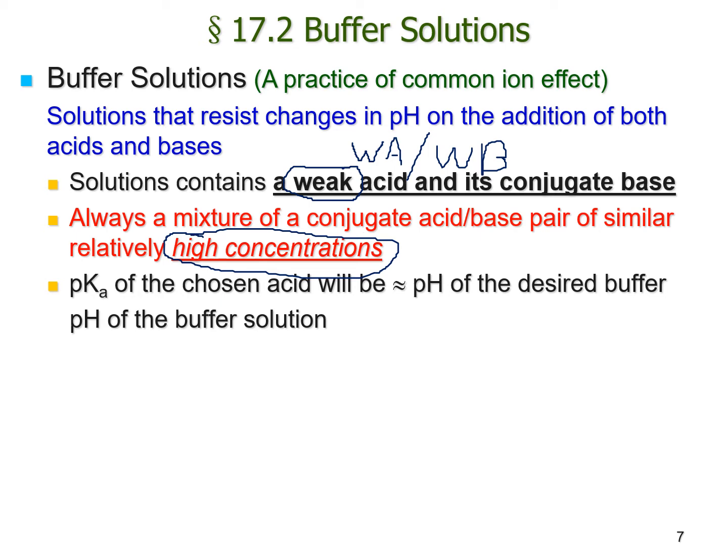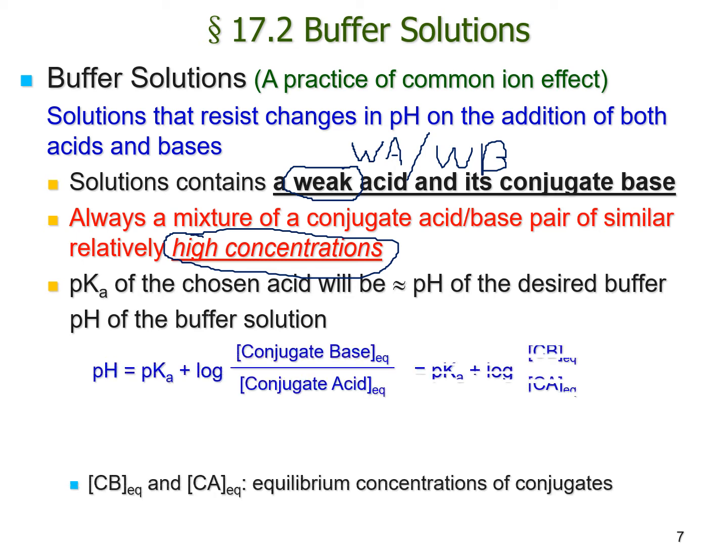In order for us to figure out the pH of a buffer solution, we can actually derive it from the base or acid dissociation of a weak acid from the Ka and from that mathematical expression, but let's ignore all of that. Let's come to the conclusion directly. So the pH is equal to pKa plus the log of the concentration of Cb divided by the concentration of Ca.